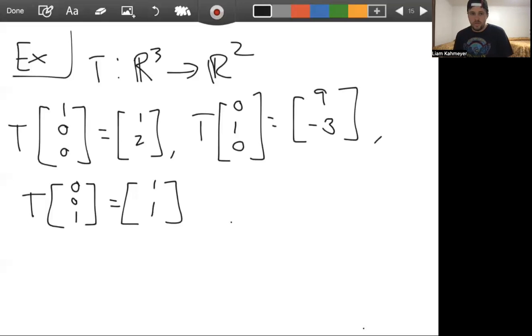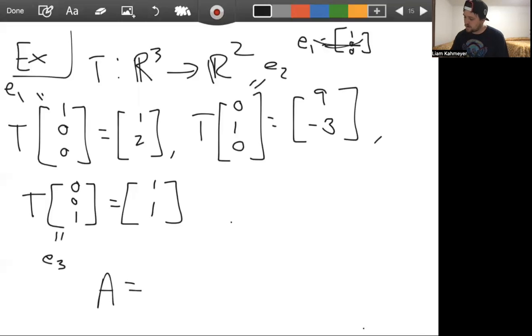Well, we have the transformation defined on all elements of the standard basis for R3, because remember, E1 is (1, 0, 0). Here, that's E1, this is E2, and this is E3.